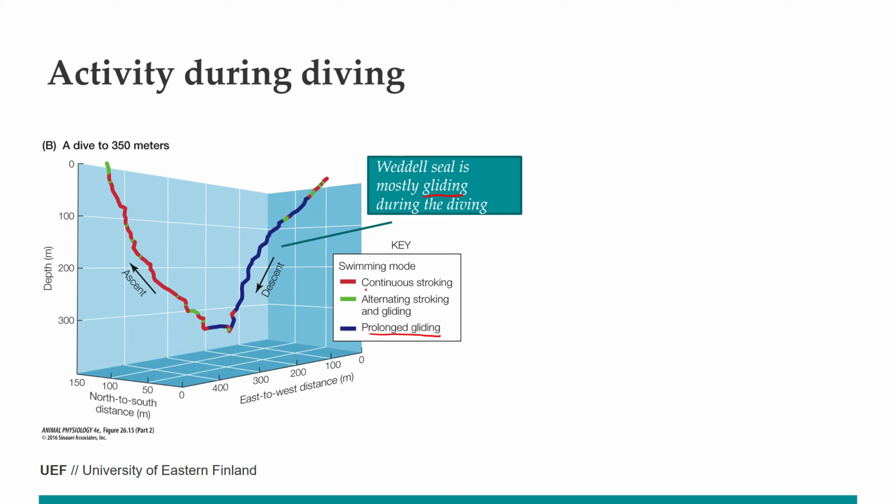And these red ones are the continuous stroking, when they are moving the arms all the time. And therefore you are not increasing the metabolic rate very drastically. You can see that it needs more activity when going up. But I think it knows that when going up, it can go to the surface and then get oxygen.